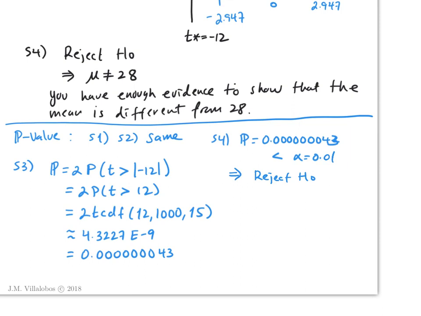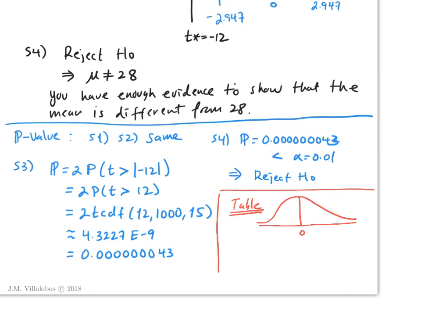If you don't have a calculator, remember you can approximate this using the t-table. So you look to the table, the number 12 is bigger than the last value in the table, and remember that as you move farther to the right, the area keeps getting smaller. The number gets bigger, but the area gets smaller.